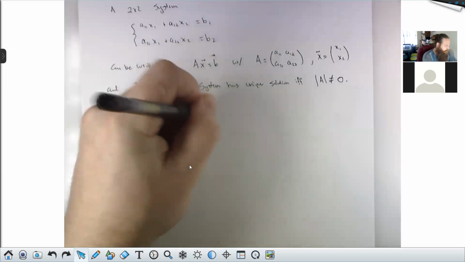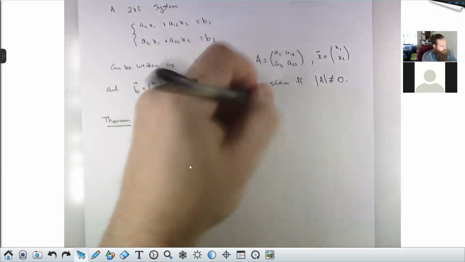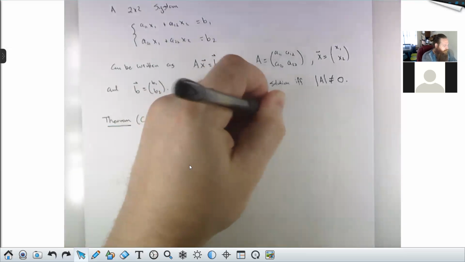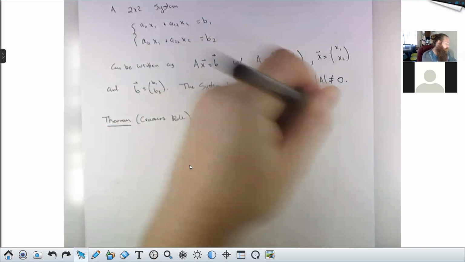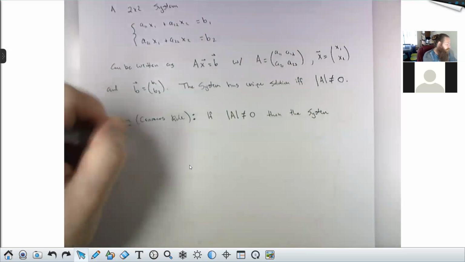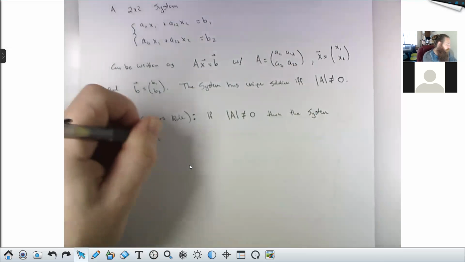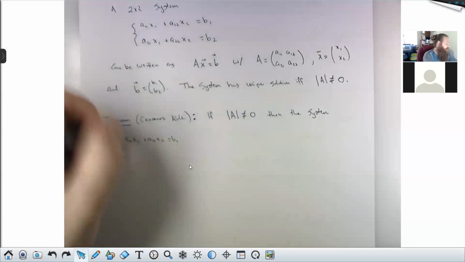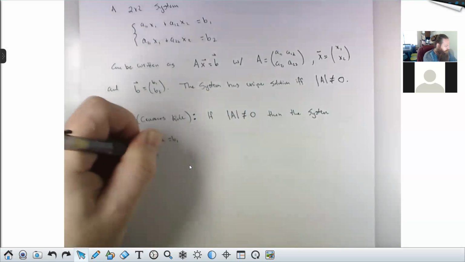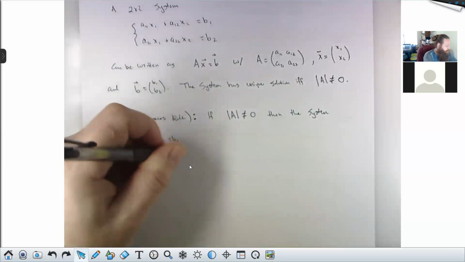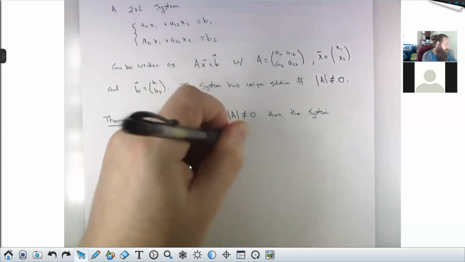that if the determinant of A is non-zero, then the system, I'll write it in the 2x2 case, A11 x1, same thing above, A21 x2 equals B1, A21 x1 plus A22 x2 equals B2, has a solution.